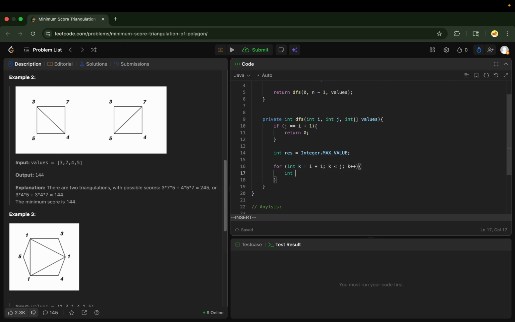So we compute the sub-results: DFS(i, k) plus DFS(k, j), plus the product of values i, k and j. We start by picking up the k here.